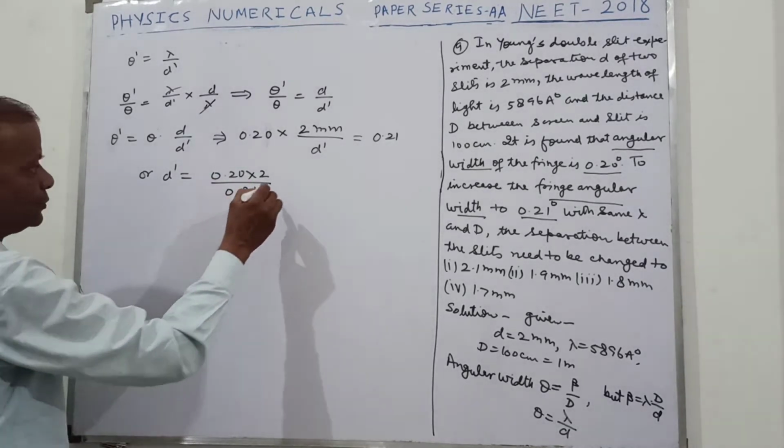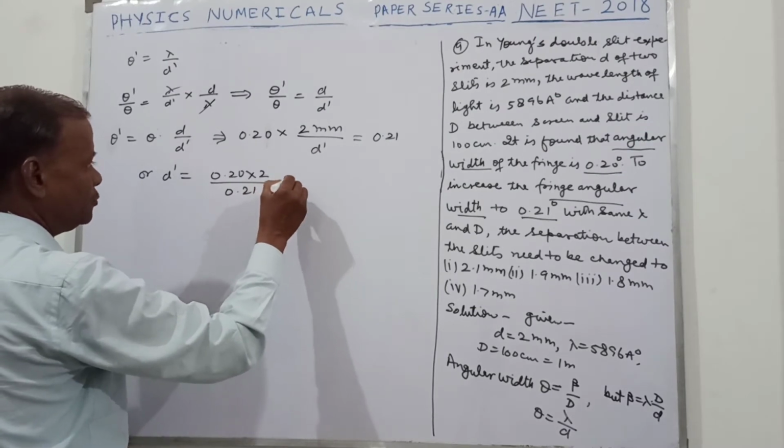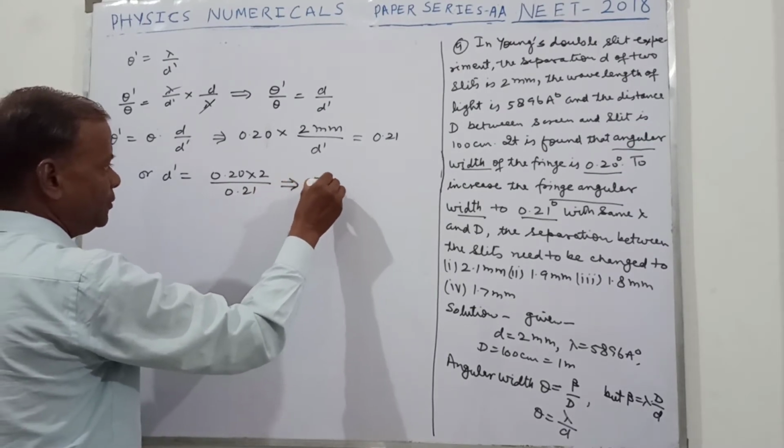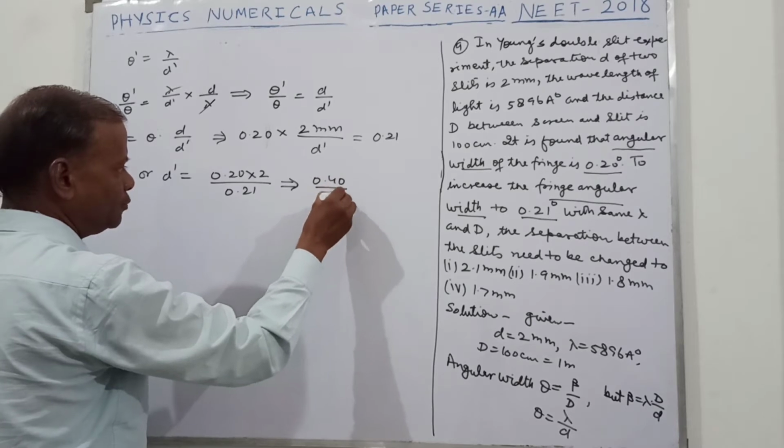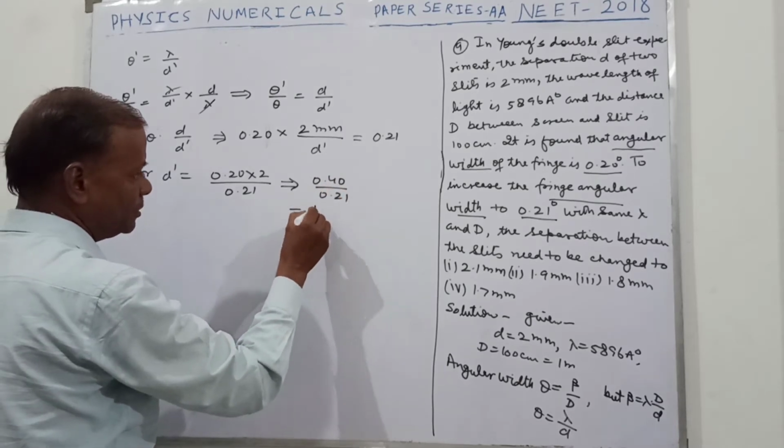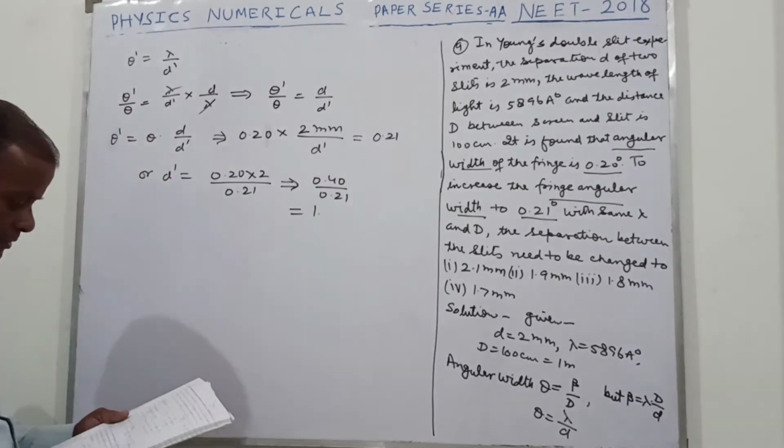This comes out to be 0.40 upon 0.21, so this is your 1.9 something.